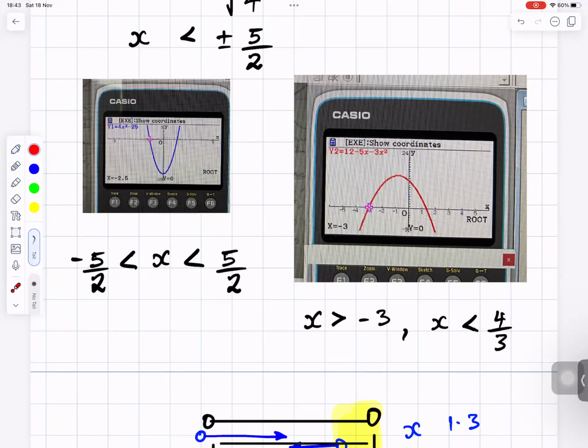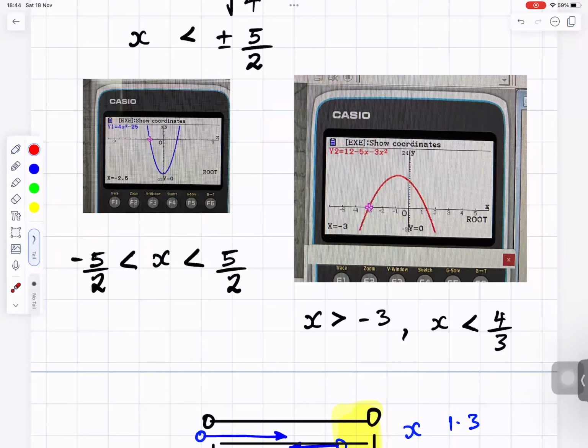So for the two diagrams, for the one we want it to be less than 0. So it's from minus 5 over 2 up to 5 over 2. That's below the x-axis. For the ones which are bigger, x has to be bigger than minus 3. We want that top part there. Or less than 4 over 3. So that's the part there. So minus 3 there, 4 over 3.